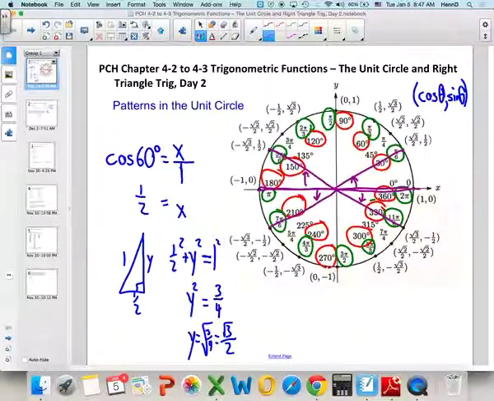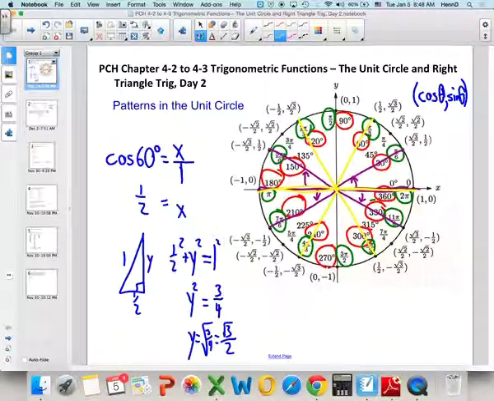You can see the reference angles with our radian measures for our angles. Okay? Pi over 3 has the same reference angle as what other angles? 2 pi over 3. Good. 4 pi over 3, and 5 pi over 3. Good. So you can see those reference angles.